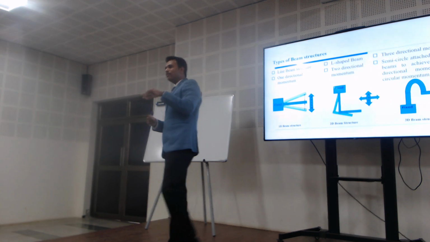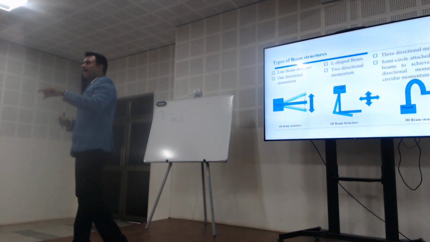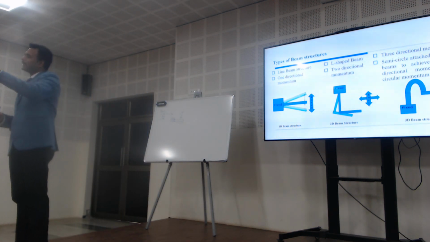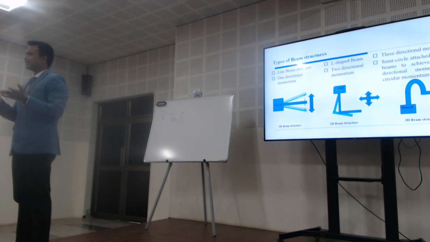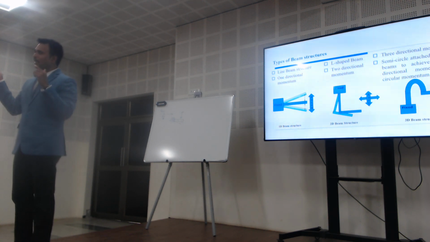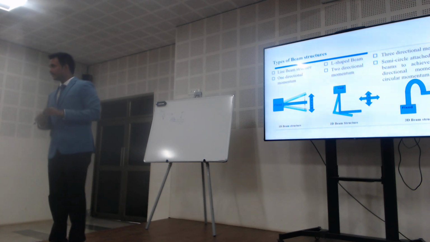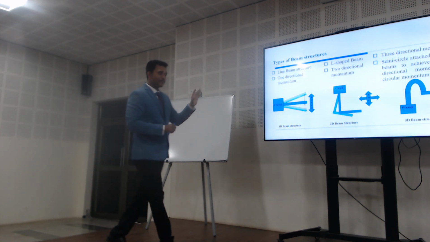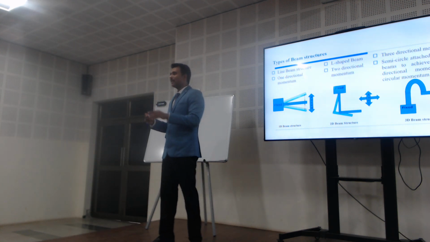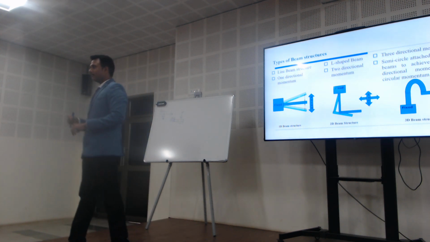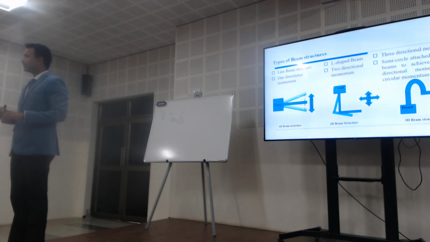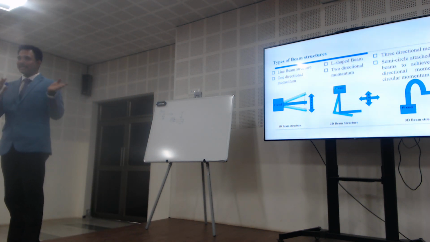Likewise, we can let our proof mass move in two directions, either x or y. That is how we can design a two directional sensor. How to attach the proof mass and change the capacitance, we have to plan later. First we need to plan how our direction is moving.